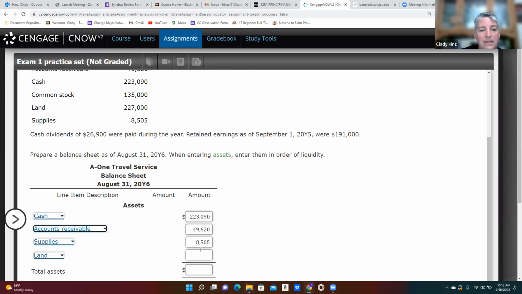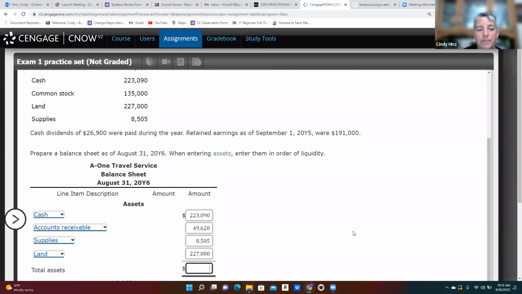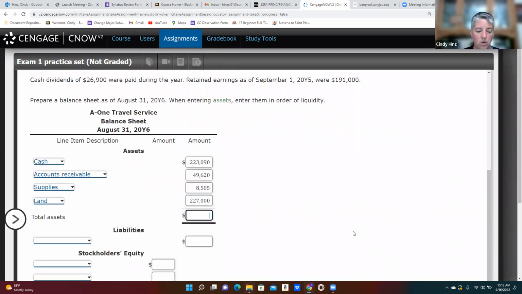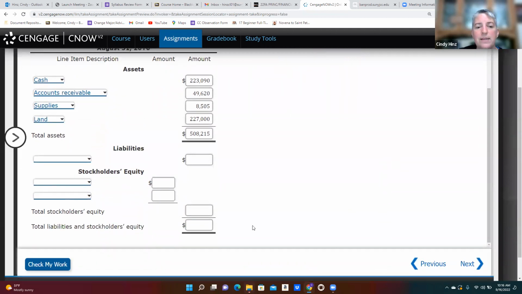So it does give us a bit of guidance to get those in the correct order. And so if we total those, see if I did this right, 508,215 is our total of the assets.